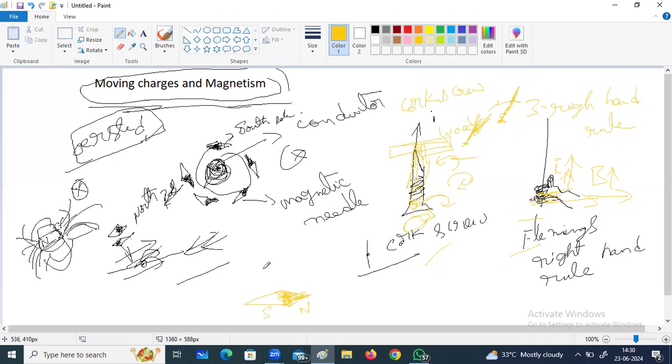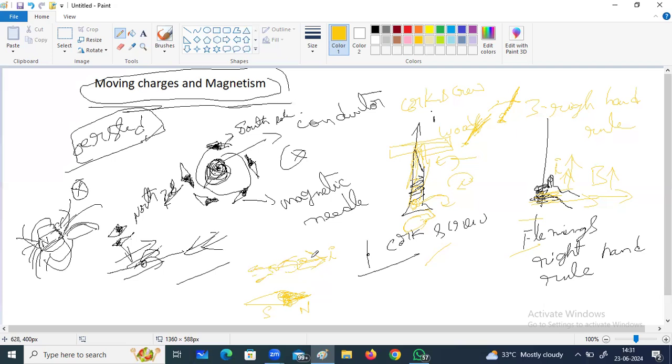Imagine one person is swimming with left hand and right hand. Drawing the diagram is difficult for me. So this person is swimming in the pond, the swimming pool, in the direction of current I. Then the current is facing a magnetic needle, as shown in the figure.